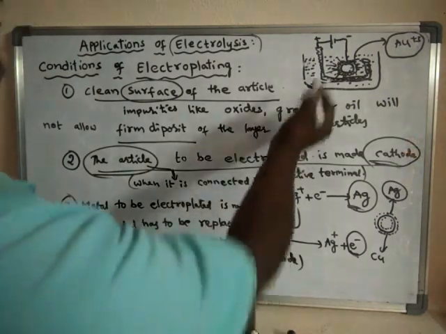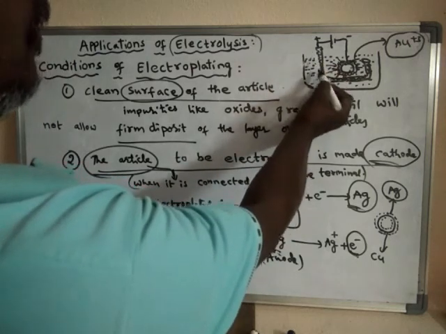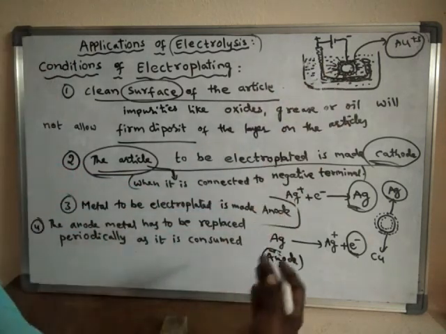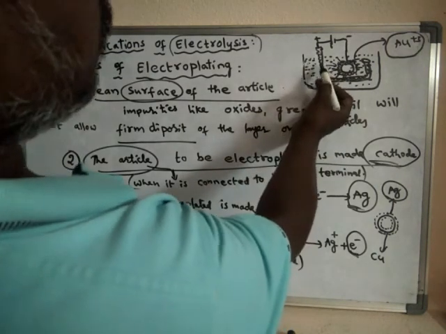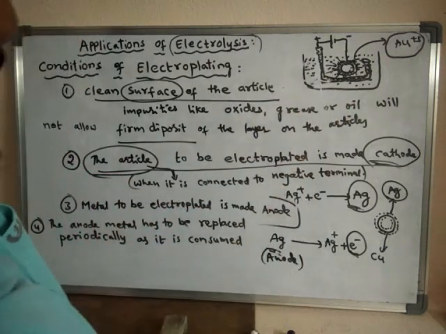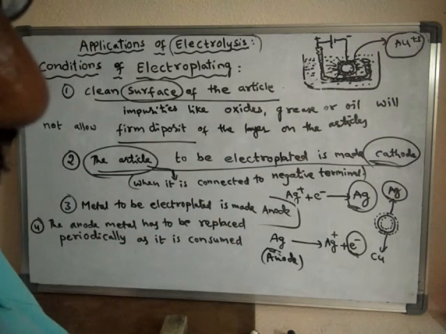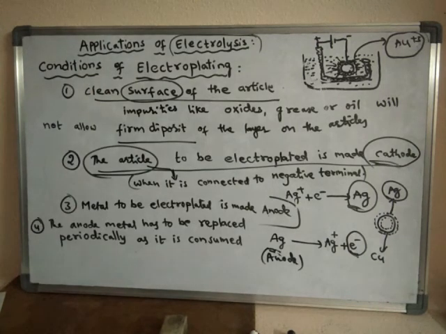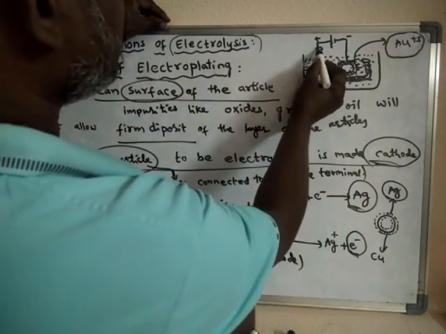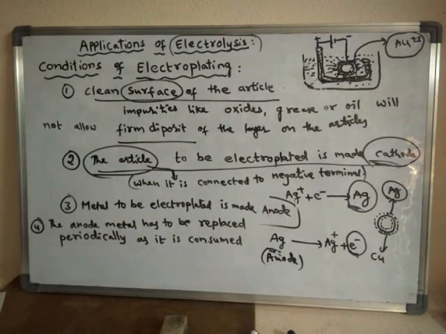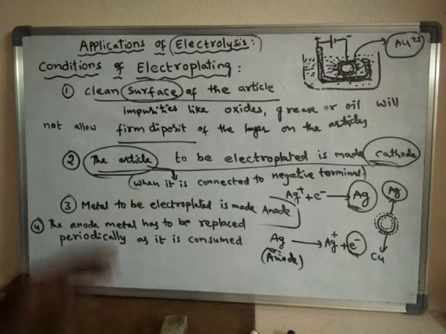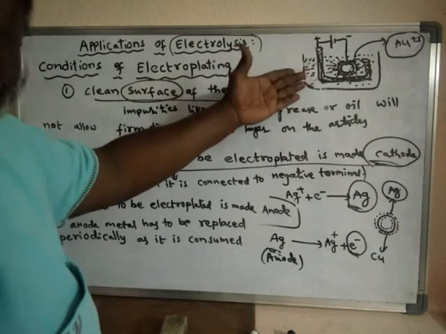Some of the material of the anode itself is consumed, used up in the electrolysis process, as it enters into the electrolyte or solution. So we have to replace this anode periodically, that is, at certain times, after 1 hour or after 2 hours.